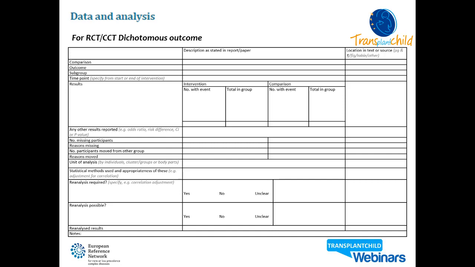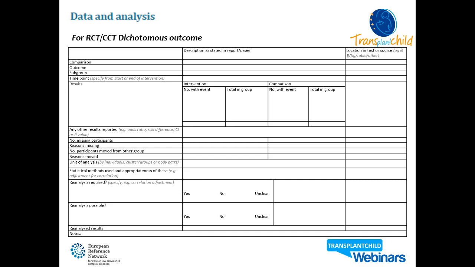So here, the first one, the comparison they are doing, the name of the outcome, if there are subgroups, which subgroup, and then the time point and the results. That means we have to put, if the event is present in the intervention group, we need to fill the box saying number with event, and then total in group. In case we don't have this information because they give a ratio, like risk ratio or hazard ratio, then please write it down in the first column below results.